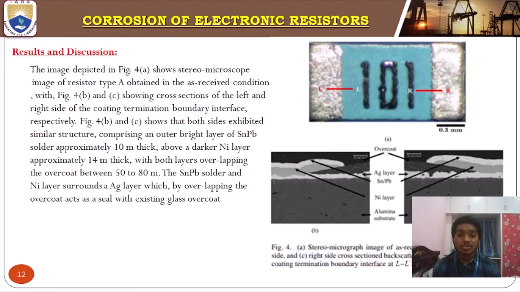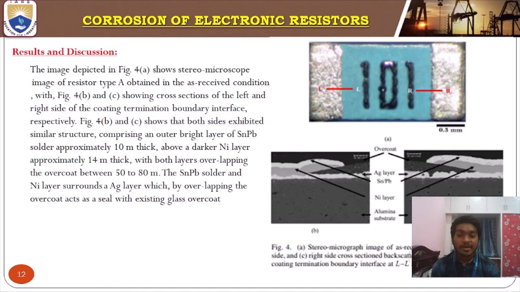Both sides exhibited a similar structure, comprising an outer bright layer of tin-lead solder, approximately 10 micrometers thick. This thin tin-lead layer is the soldering layer, the final layer of the resistor, above a darker nickel layer, approximately 14 micrometers thick. The nickel layer is a protective layer, with both layers overlapping the overcoat by between 50 and 80 micrometers.